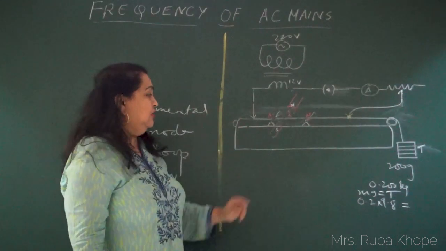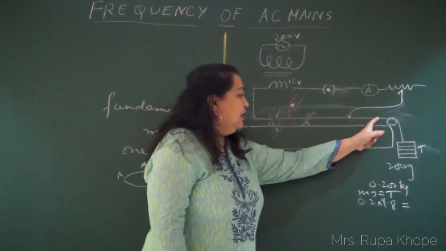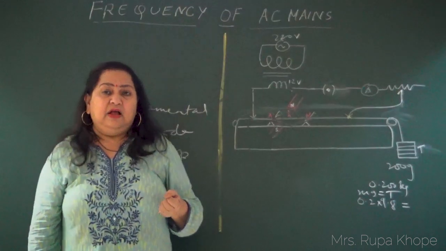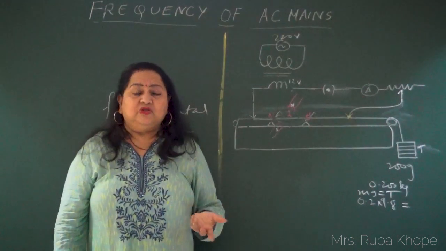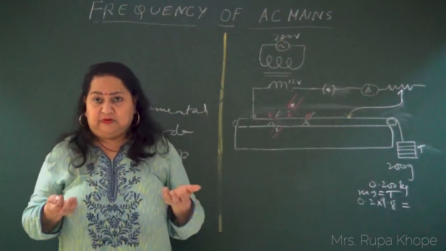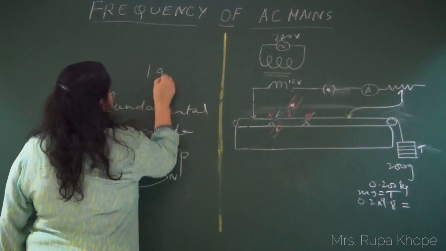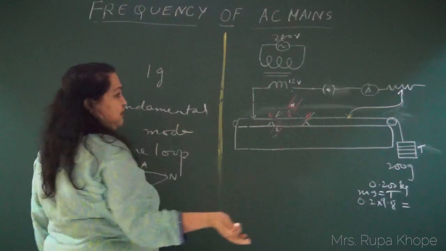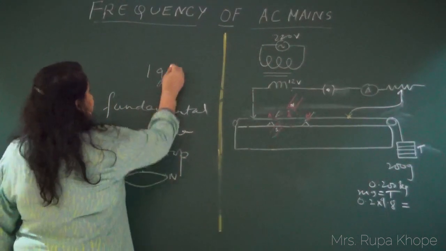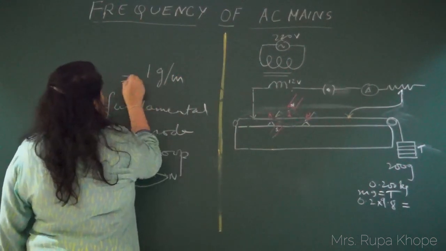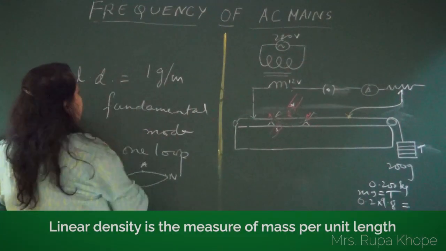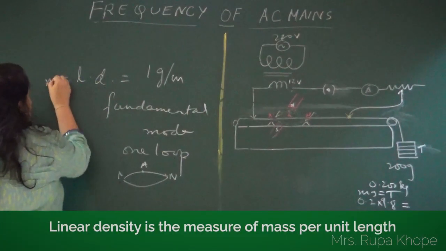Now one more thing here, this wire is a non-magnetic material and it has got some weight. So we have found the mass of that wire, and suppose the mass of the wire by chance is say 1 gram. We'll see what we get in the lab. It's say 1 gram per meter. It is called linear density.